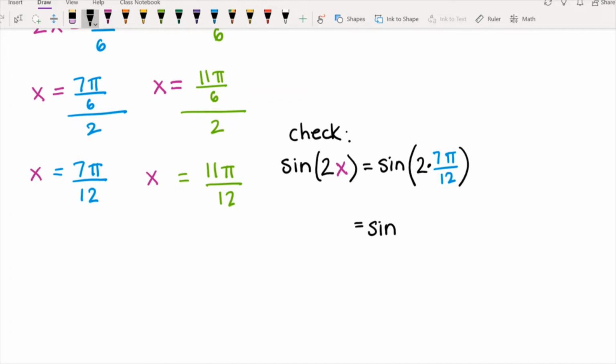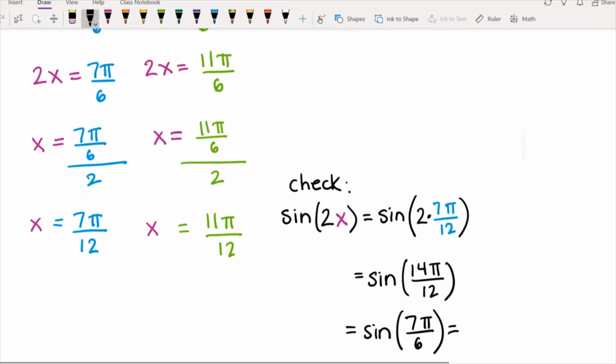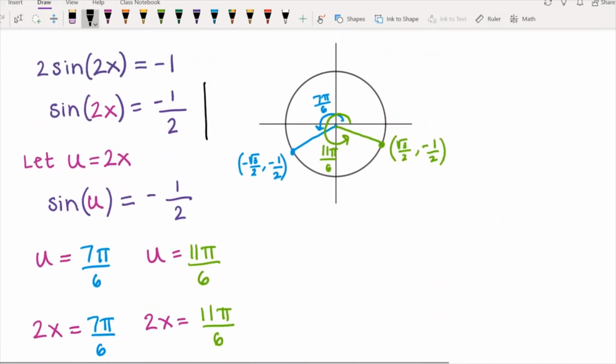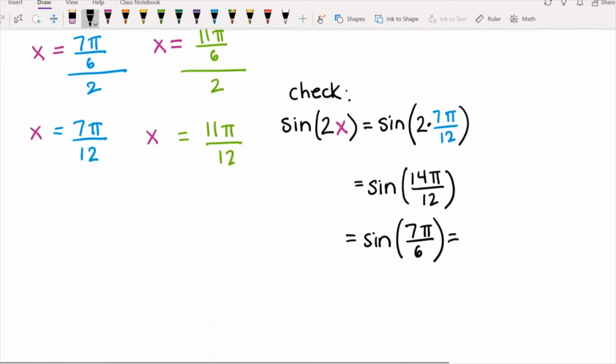Well, that's going to be sine of 14 pi over 12, which is the same thing as sine of 7 pi over 6. And what is sine of 7 pi over 6? Well, that's the angle that we already found earlier on the unit circle, and we know that sine of 7 pi over 6 is negative 1/2. And that's exactly the answer that we were supposed to be getting, right? We're trying to solve sine of 2x is equal to negative 1/2.